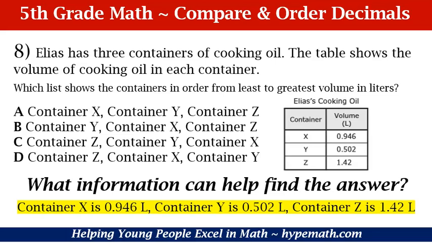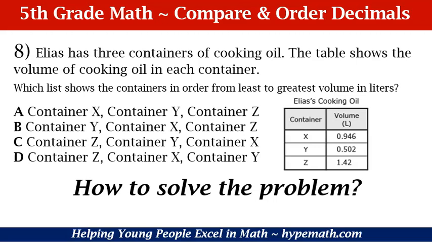The information that can help us find the answer is knowing what the volume is for each container. So again, container X is 0.946 liters. Container Y is 0.502 liters. Container Z is 1.42 liters.